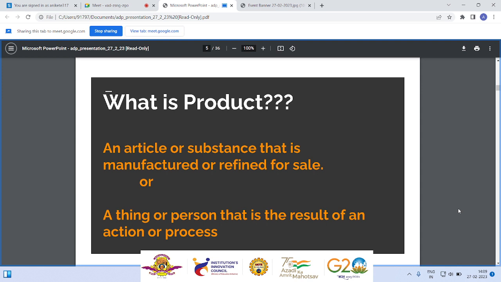Or you can say that it's a thing or a person that is the result of an action or a process.